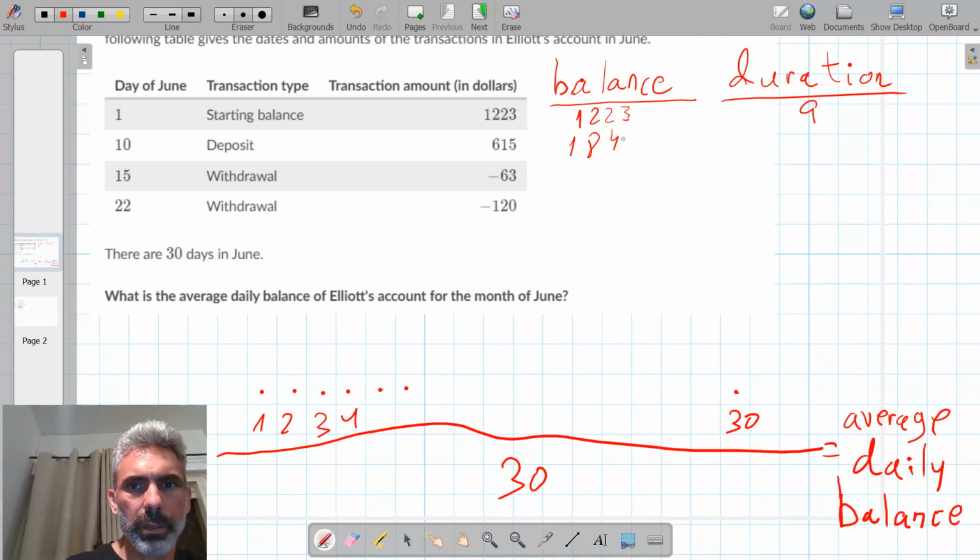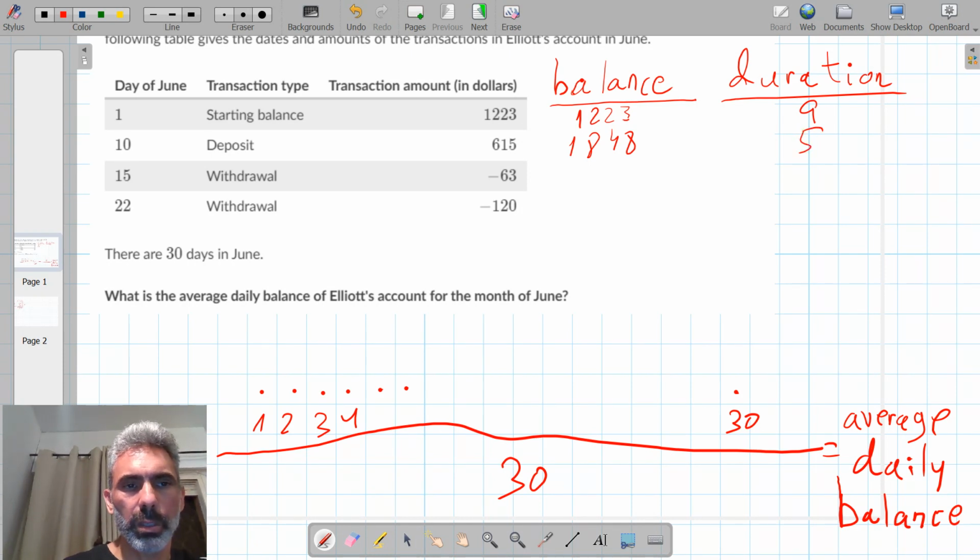1,848 on June 10th, and it stayed the same until June 14th, and on June 15th it has changed. So it stayed the same for a duration of 5 days. 15 minus 10 is 5.